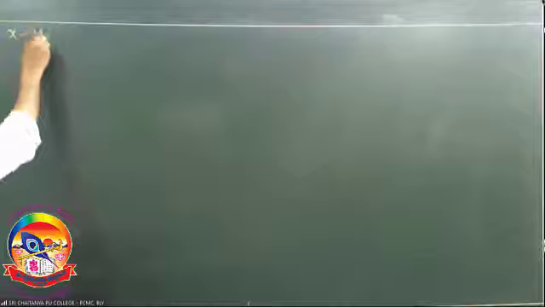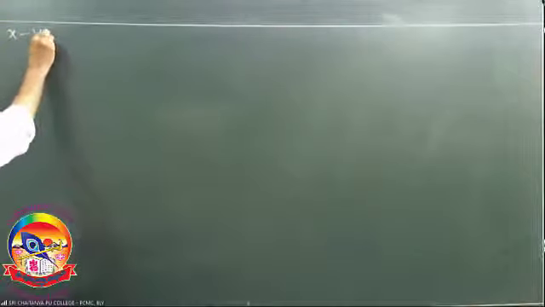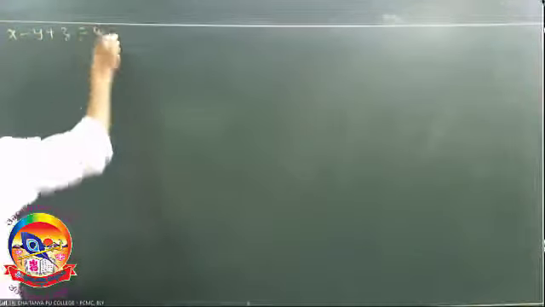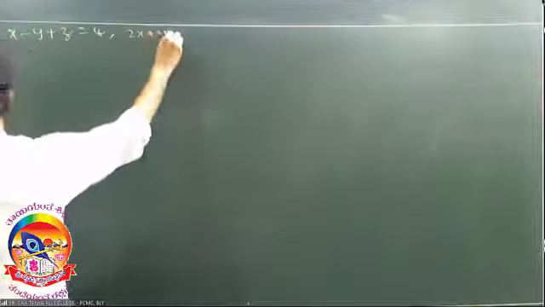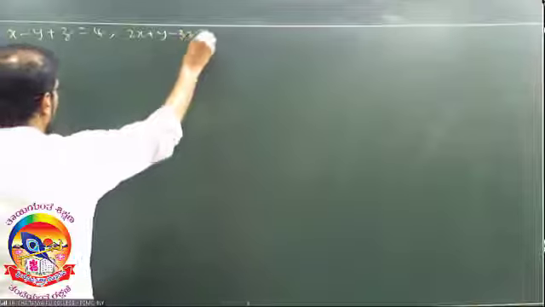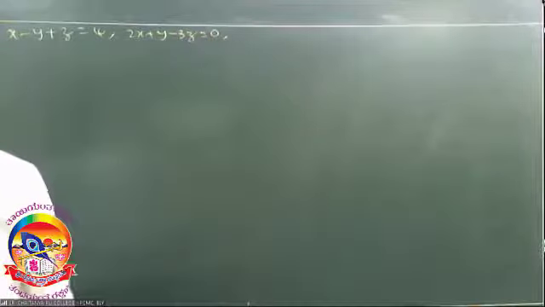Write down the equations. x minus y plus z is equal to 4. 2x plus y minus 3z is equal to 0. Right?